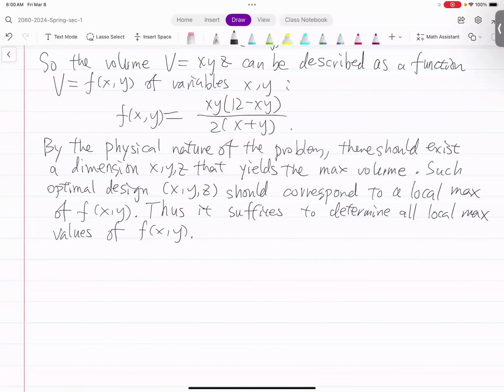So basically here we replace z by solving z from the constraint, and we have this binomial function. And we just want to look for the local maximum point. So now we just try to solve the critical points.